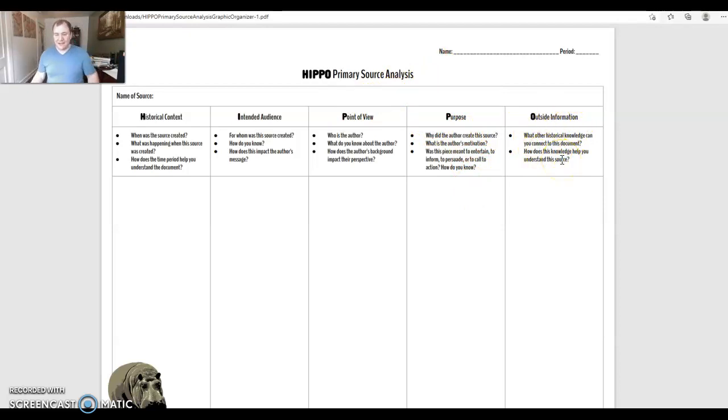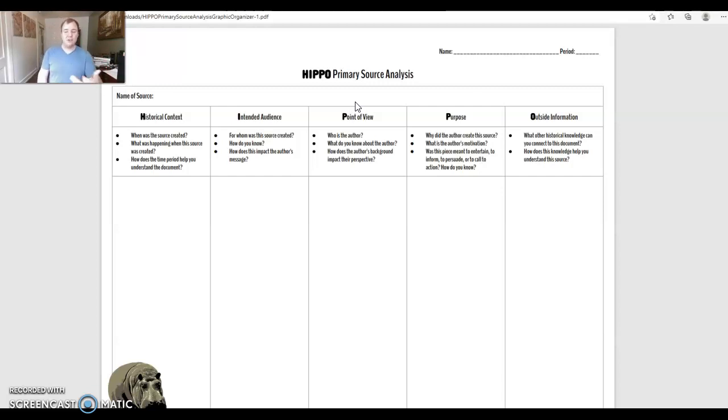And outside information. So what other historical knowledge or documents can we use in addition to this to understand this whole Tea Act going on, right? Obviously, the first one to go to, you can read the Tea Act.